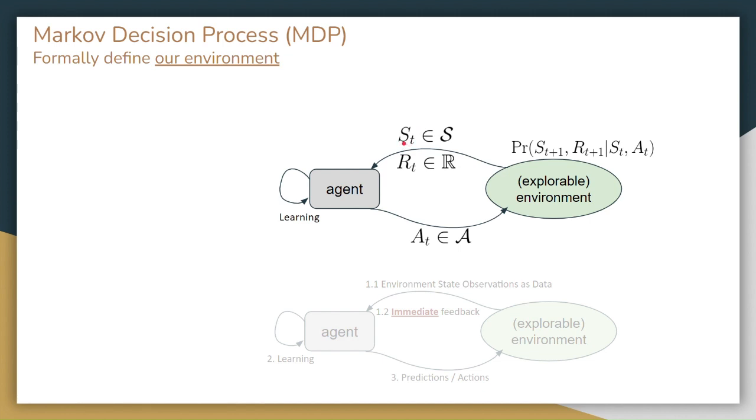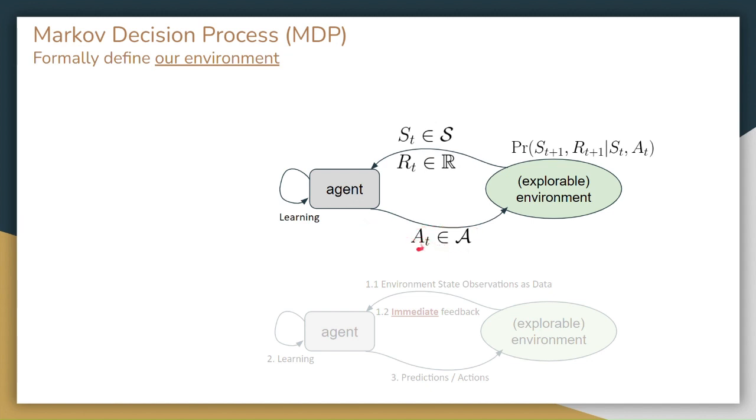So S_t is the observation that you're going to get at time step t, and the reward we just denote by R_t. It makes sense again, right? Because reward is R. And to say that the reward belongs to the real numbers also makes sense, because we said before that the reward can be 10,000 or minus 10,000 or 0. They are real numbers. So this is a very simple thing. You see, we can map one to one.